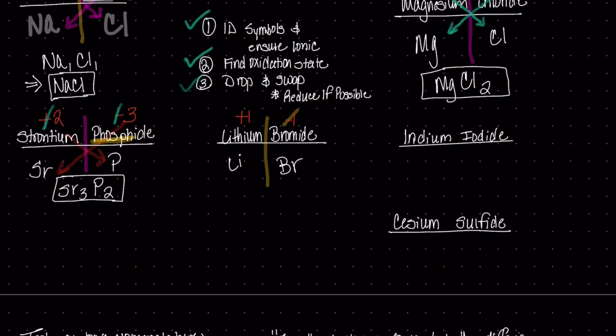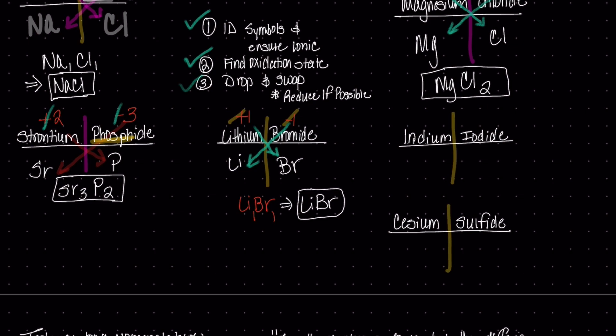We drop our charges and swap the numbers, leaving us with LiBr. Remember, we have those 1s, but convention says we don't need them, so all we need to write is LiBr. Easy, breezy, beautiful.